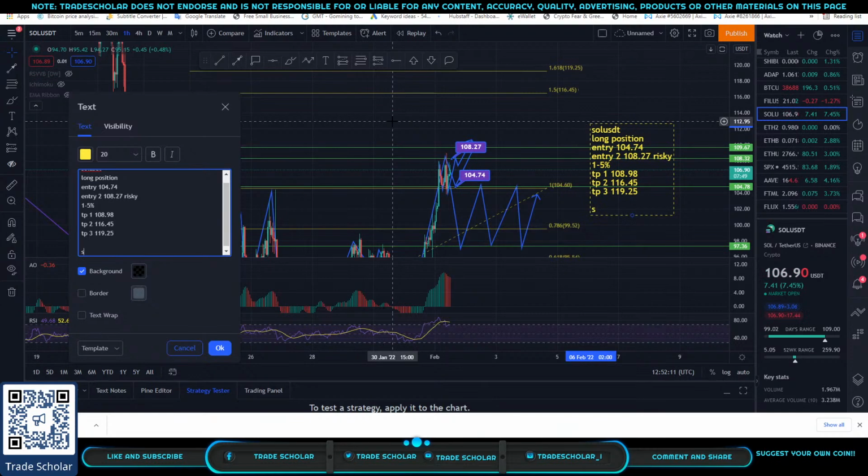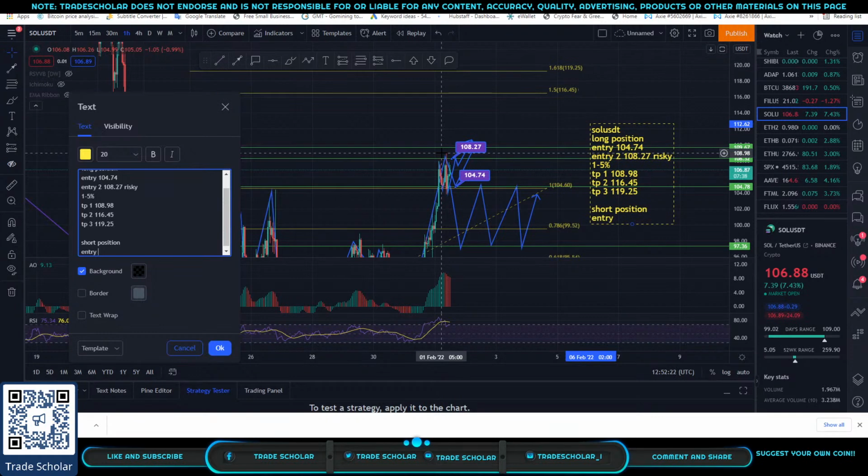If you want a short position, open a short position here in the top previous high. Entry, okay? So if that's the top already, then 108.98. Okay, another entry is this 108.27.